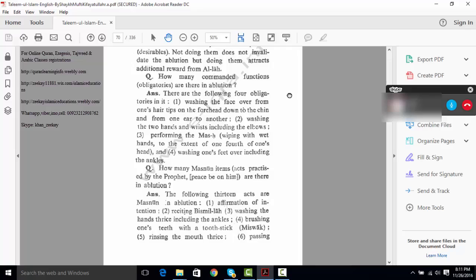I told you, which one of them, commanded functions or masnoon items, if you leave them, that act will not be considered as completed?